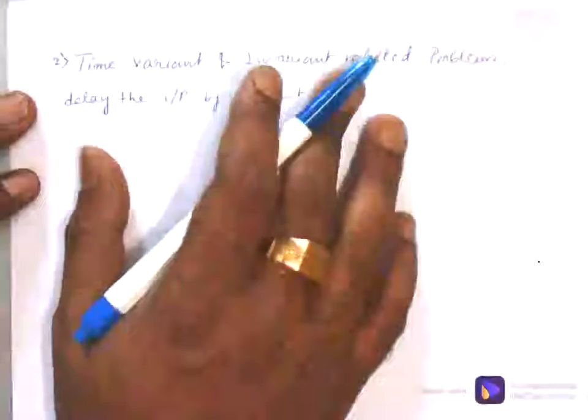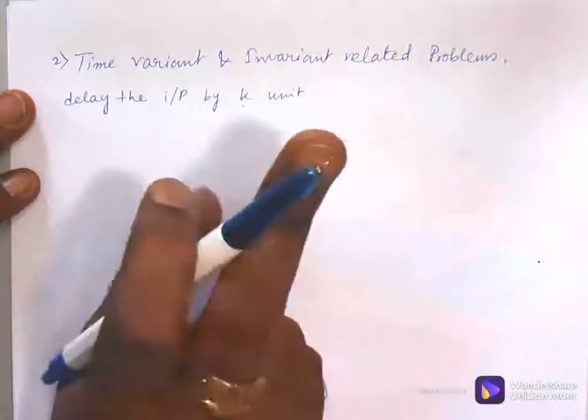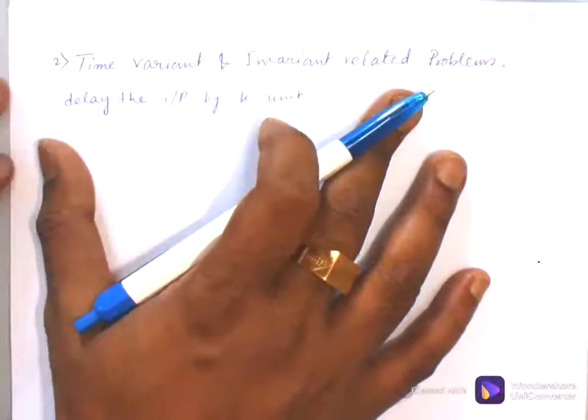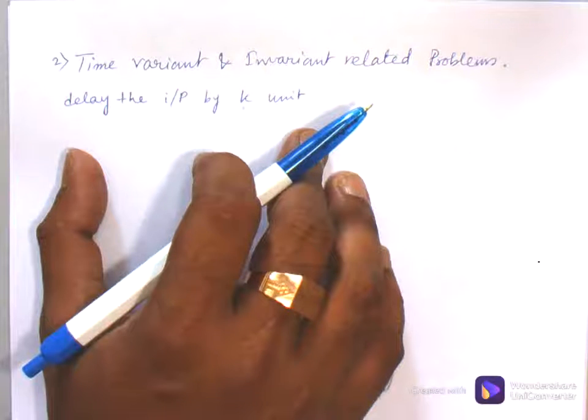So the main statement is, if you have to delay the input by some unit and you have to delay the output as well by that unit, and if both are equal, then I can say this is time invariant, and if both are not equal, then we can say this is time variant.